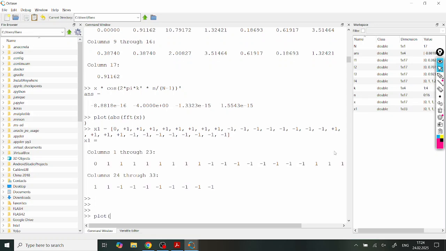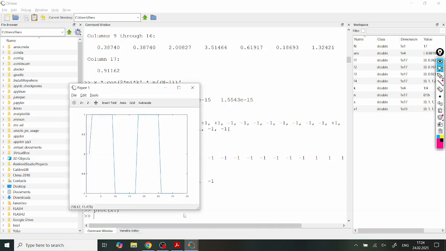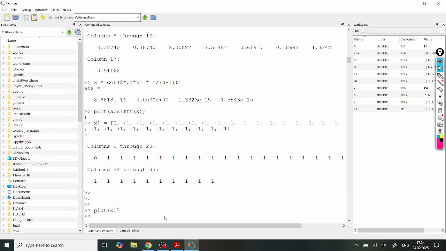So plot x1. Now it looks a little bit more steep, yes, rather than it was before. But also I want to display now spectrums. Plot absolute value of FFT x. Hold on.